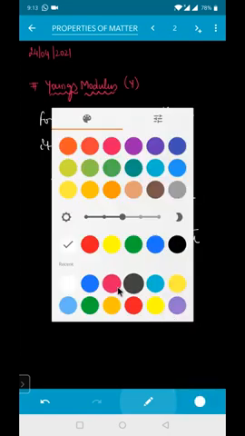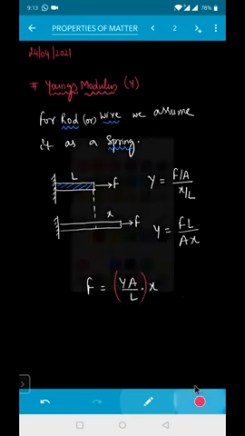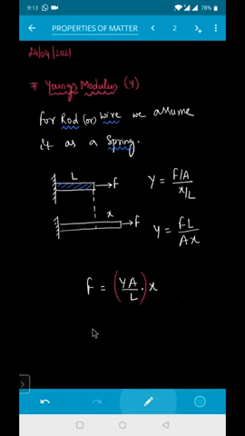Y is a constant, area is a constant, length is also constant. This total constant I'm assuming with the letter K. So F is equal to K into x. In the spring also, we know that F is equal to K into x, where K is known as the spring constant, and F is the spring force.